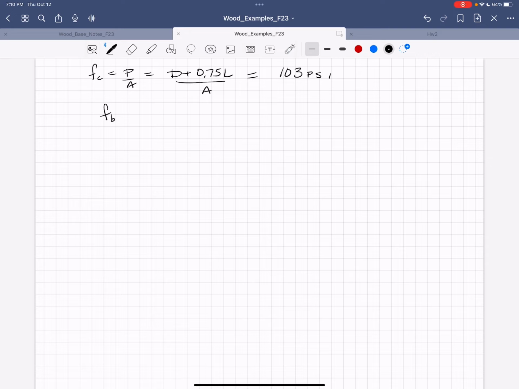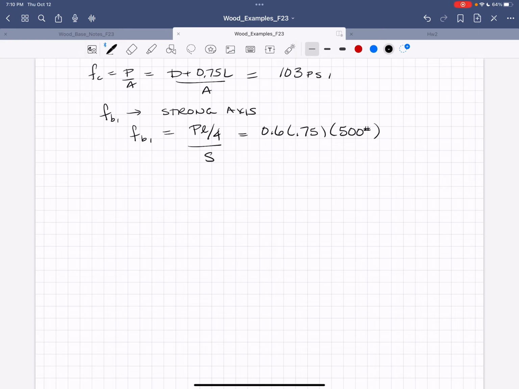F sub b1 is bending strong axis, so that's only the wind part on the strong axis. And this is, again, PL over 4, that quantity over S, but I'm going to use the 0.6 times the 0.75, then times my wind load.